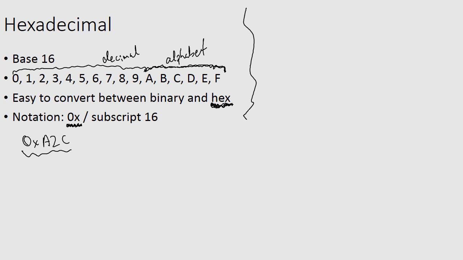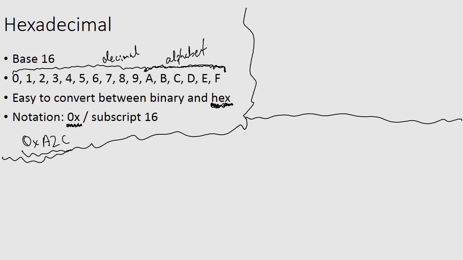So let's talk more about how it is easy to convert between binary and hexadecimal. The reason is every single binary number has an equivalent hexadecimal number, similar to our octal numbers. So instead of 3 digits, for hexadecimal you need to use 4 digits to represent each number. So let's put hex on the left and our binary equivalent on the right, and we'll need 2 columns for this, hex and binary.